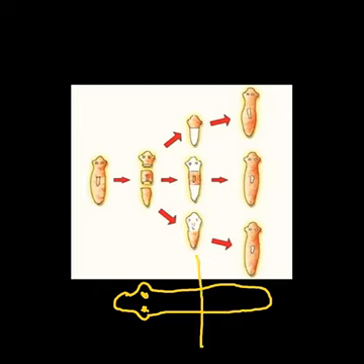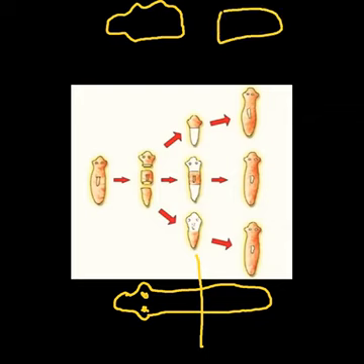So here I have the first half like this, and here I have its other half, right? Now what happens from this cut part? From this cut part, the cells divide multiple times and form the lost body part.